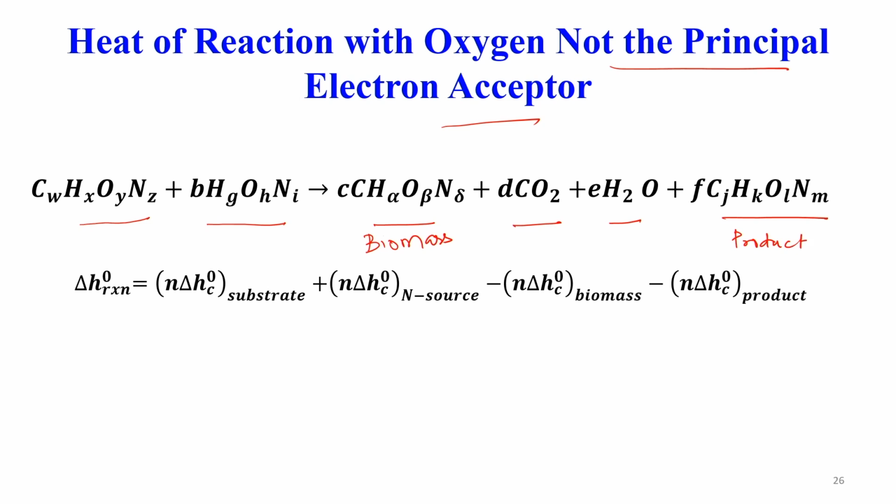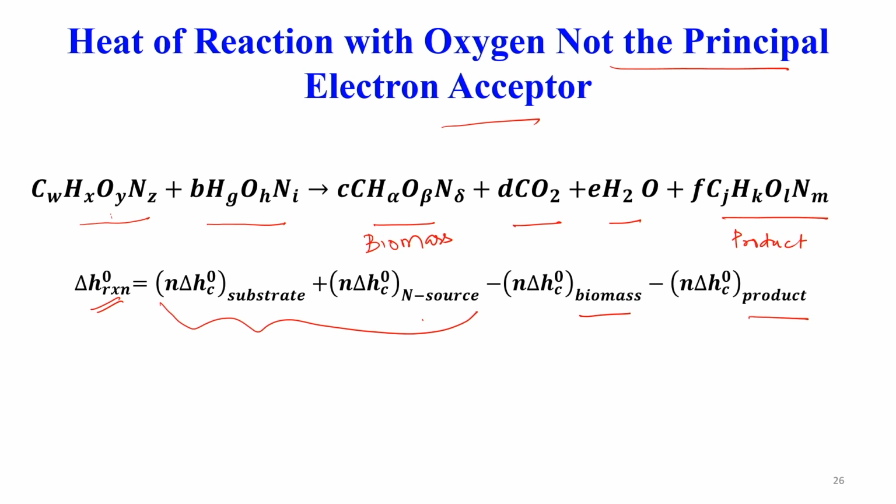So, here what you have to apply, delta H reaction is delta H combustion of the substrate. What are the inlets? A carbon source and the nitrogen source. What are the outputs? The products are the biomass and your product.